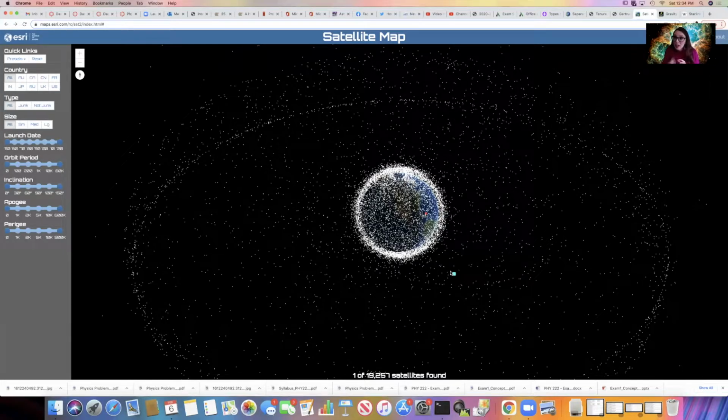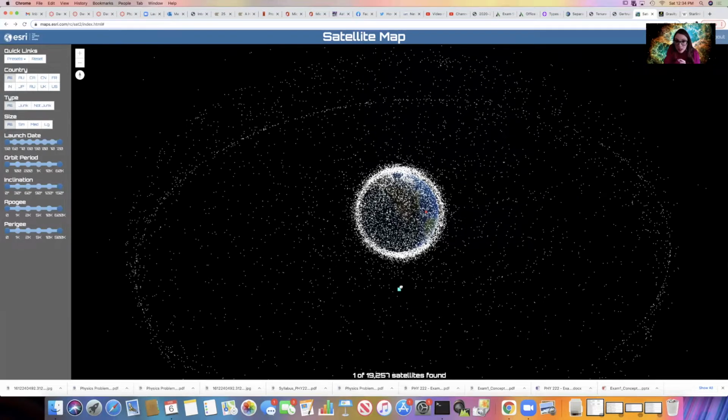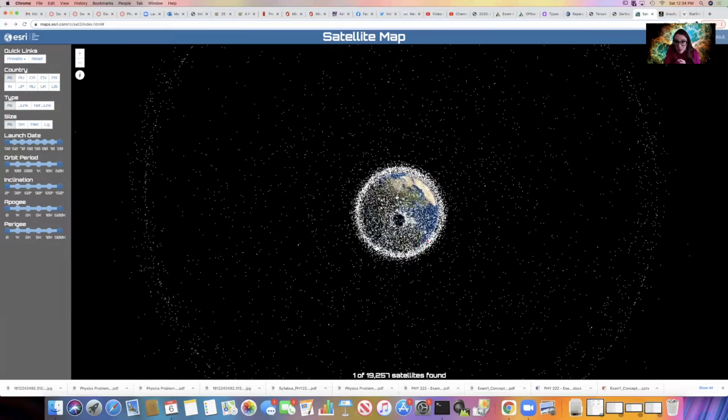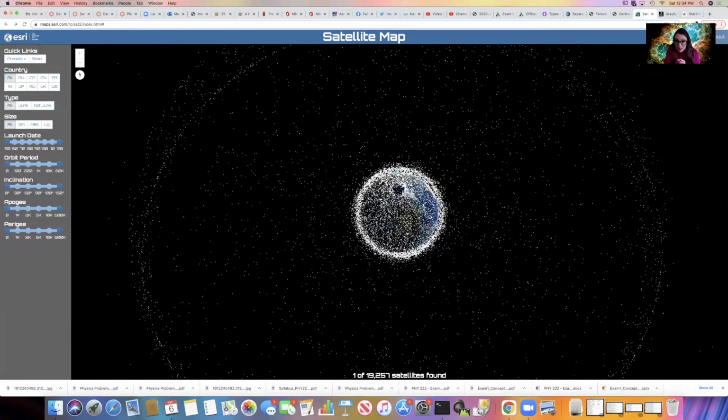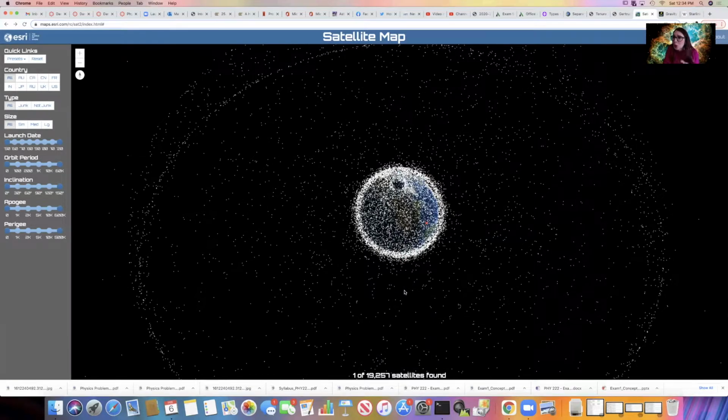See right here in red is the International Space Station, and you can see that its orbit is incredibly close to the Earth's surface. In fact, we would consider the International Space Station to be in low Earth orbit.